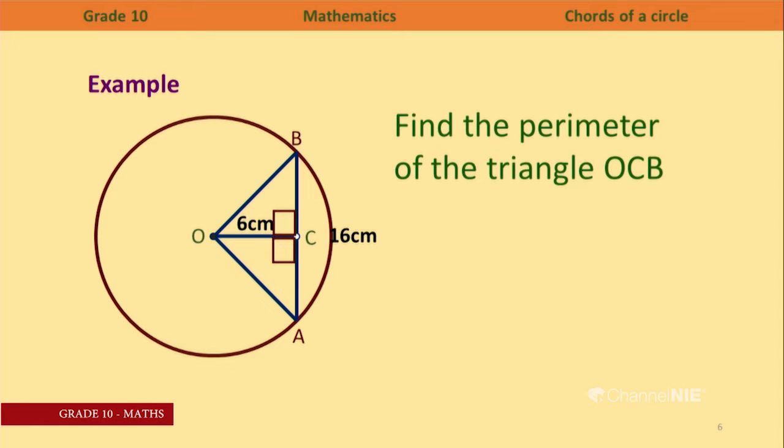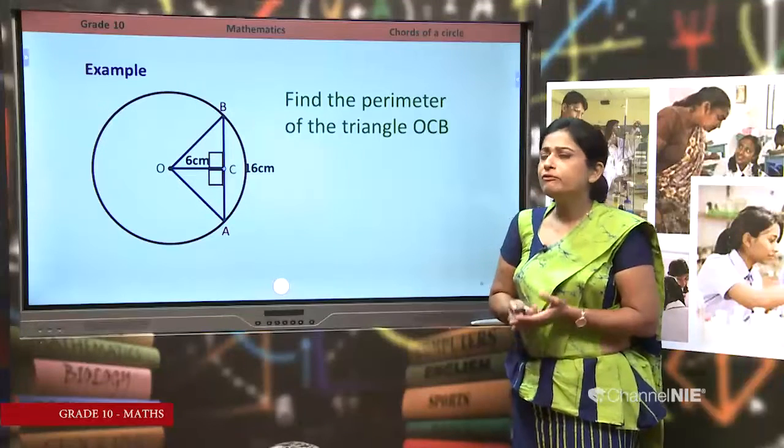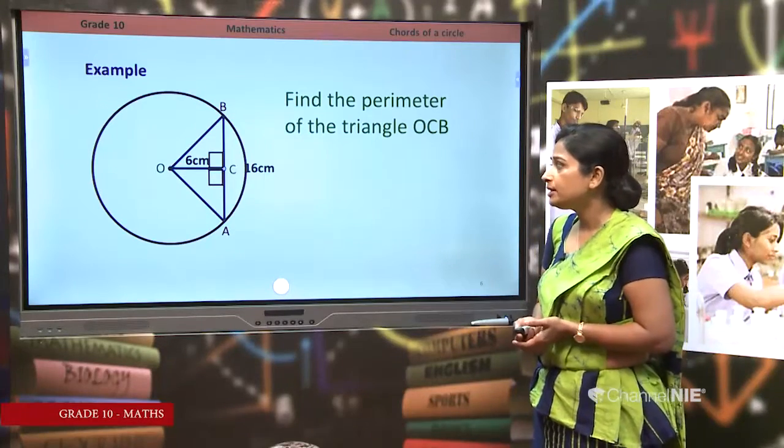You can see only the length of the OC line. But still you don't know the lengths of the other two sides. What are the other two sides of this triangle? OB and BC. We know the length of the OC side only. We have to find that. You think, how do we find the lengths of the other two sides?